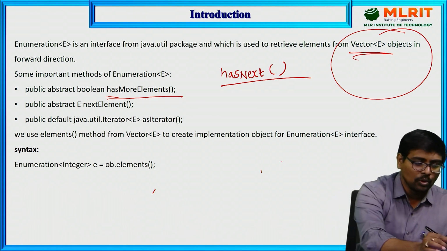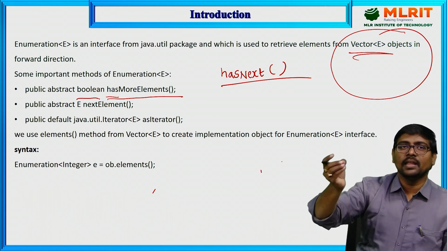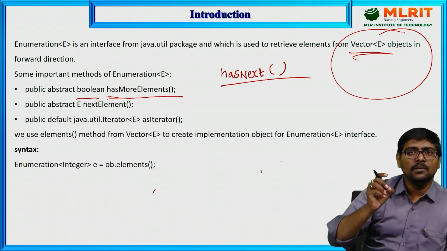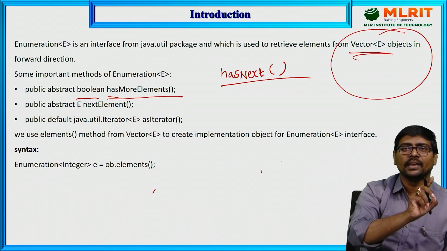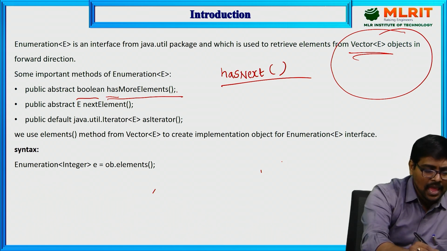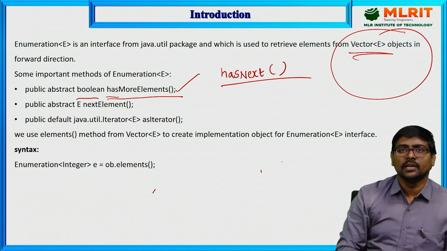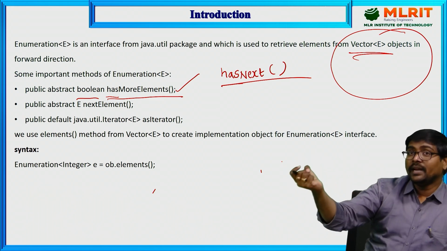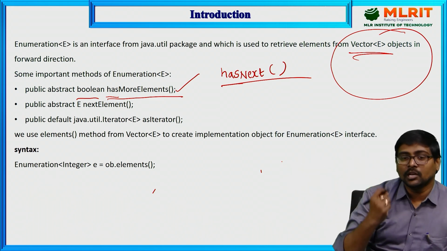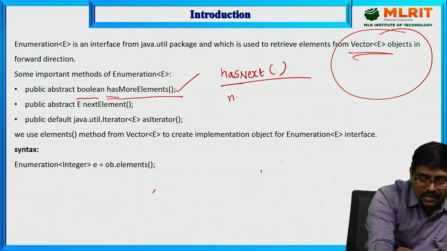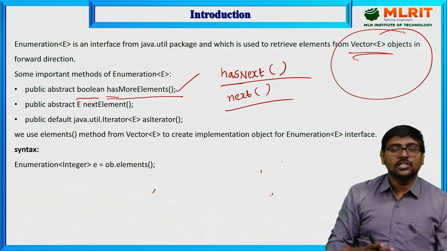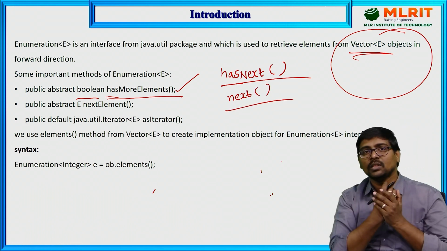The same, Boolean. If the next element is available, it returns true. If the element is not available, it returns false. That is, hasMoreElements replaces hasNext. Now, to retrieve the element, what is the method you are using under iterator? The method name is next, which is used to retrieve the element.